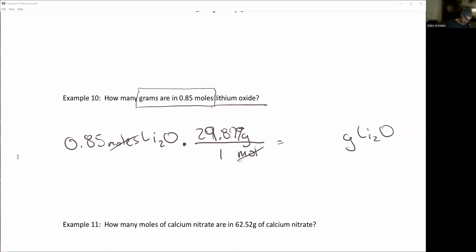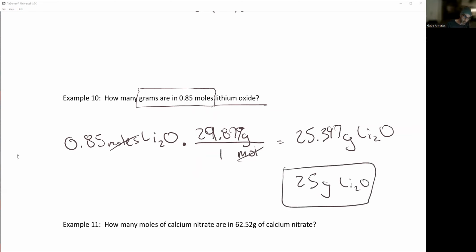There we go, better. You end up with 25.397. But of course, we round this to 2 sig figs because the original one has it. So 25 grams of Li2O. That's what you end up with.